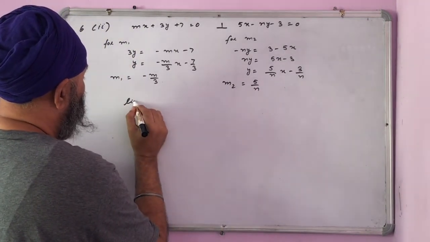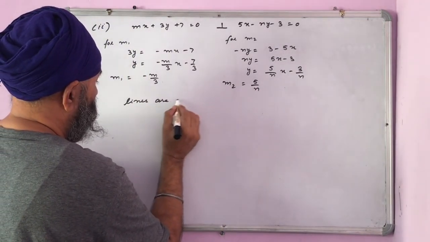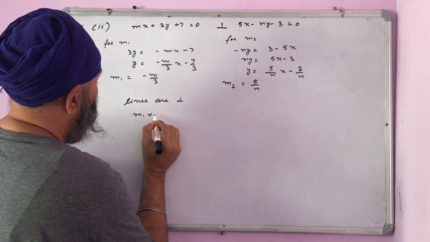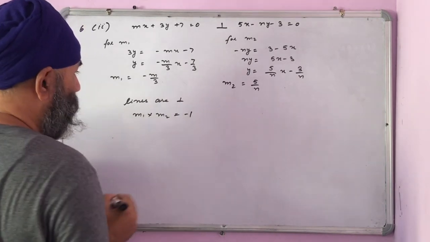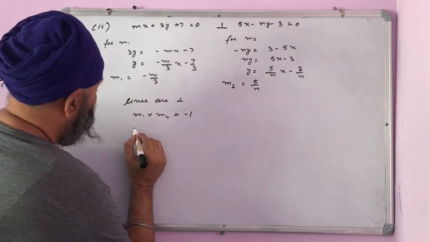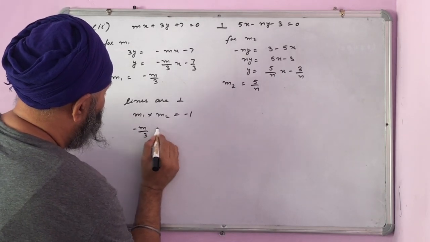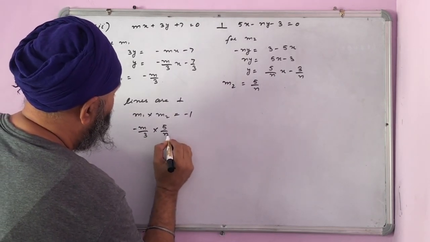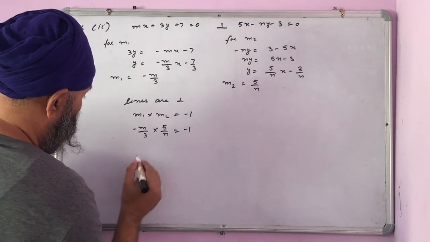As lines are perpendicular, m1 into m2 is minus 1. Minus m upon 3 into 5 upon n is minus 1.